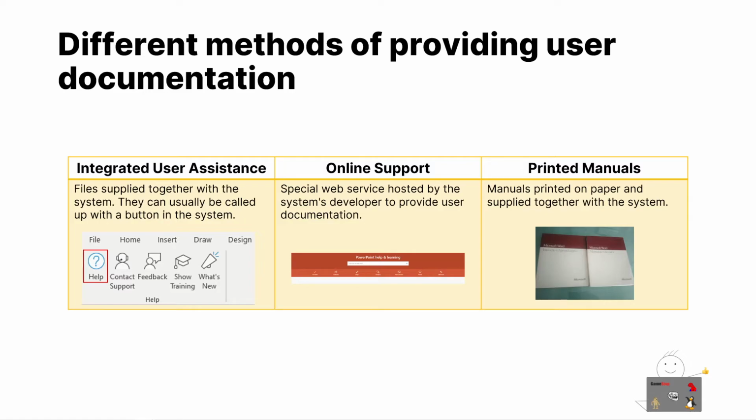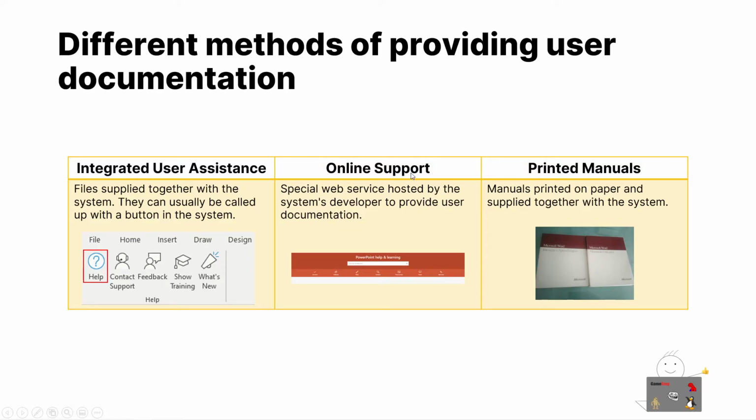Here I have a screenshot of PowerPoint, and in the PowerPoint application, there is a division called Help, and in the division called Help, there is a button called Help. And clicking this button, we get further information on how to use features and many other things. And this is the integrated user assistant.